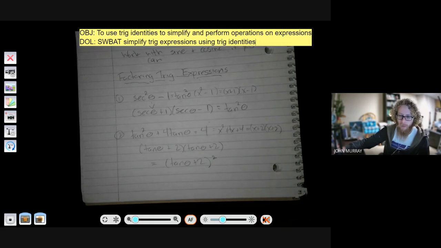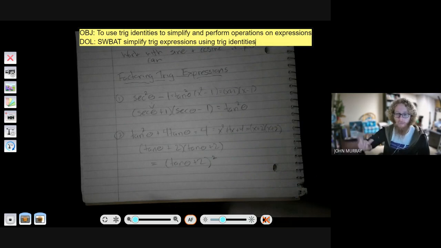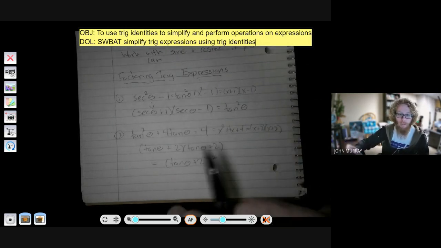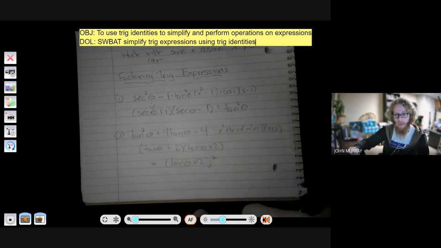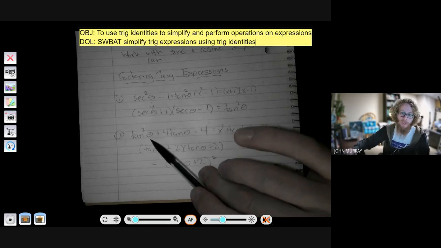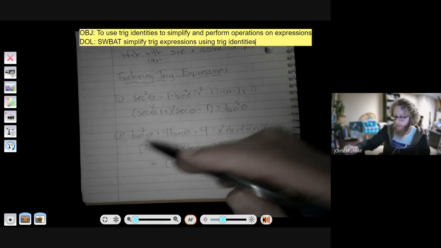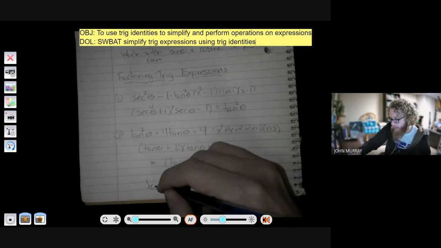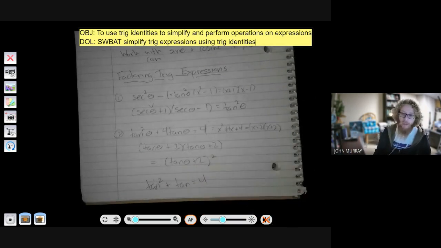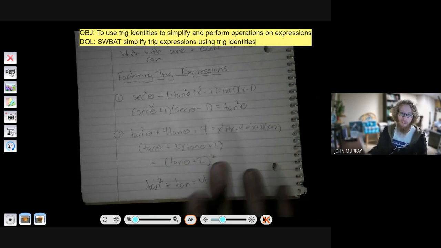I thought there was one more thing I wanted to say, but oh yes. I'm not targeting anybody right now. This is just from experiences in the past. Always make sure there's a variable or something after your trig function. If you write something like this without a theta or an x afterward, this makes no sense.